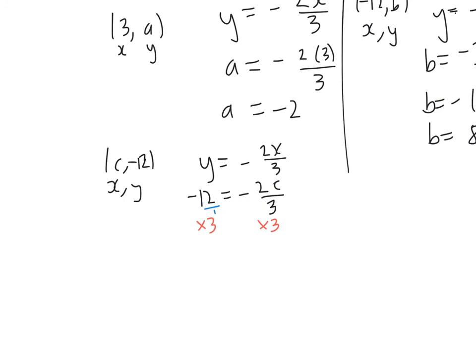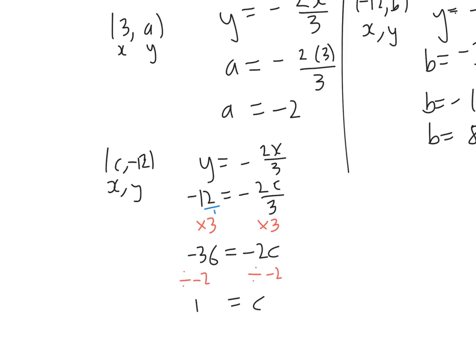Either way, you're going to get the same result, which would be negative 36 equals negative 2c. And then to find out c, you need to divide. To get c, you divide by the coefficient of c, the number in front of it, which is negative 2. So c is going to be negative 36 divided by negative 2.